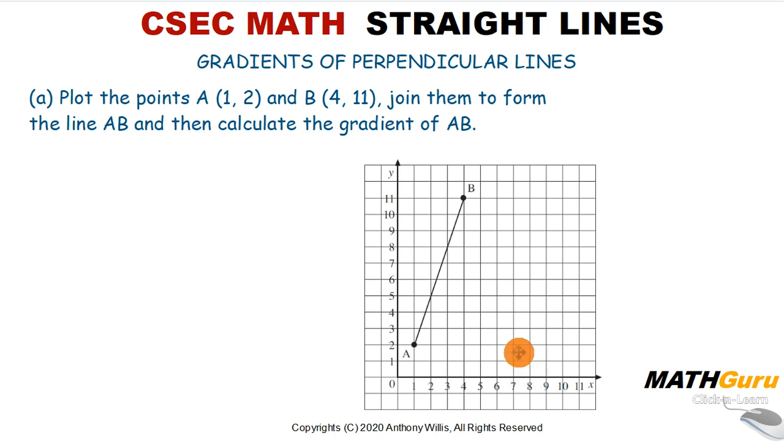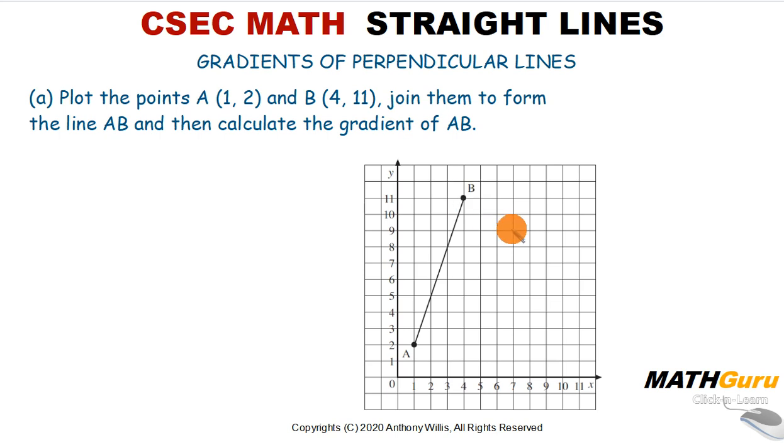We plot the points A and B. Note the coordinates of the point A is 1, 2, and B it is 4, 11. 4 points down the x-axis and 11 on the y-axis. So you know those points. Now, did you get that? Great.